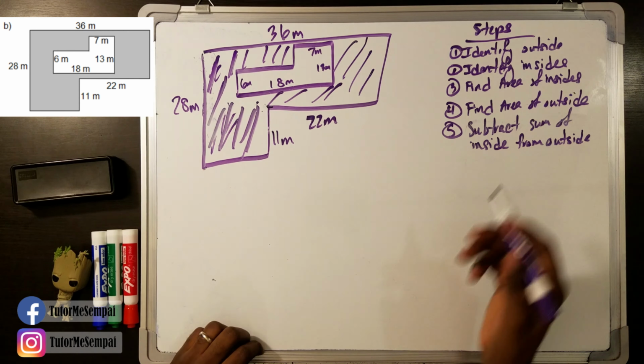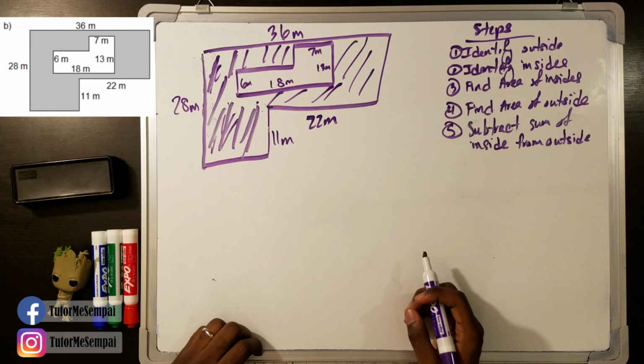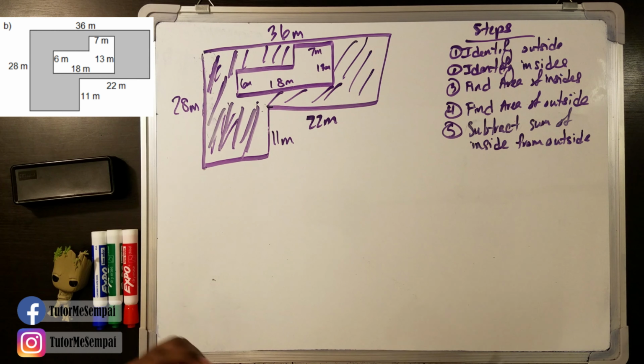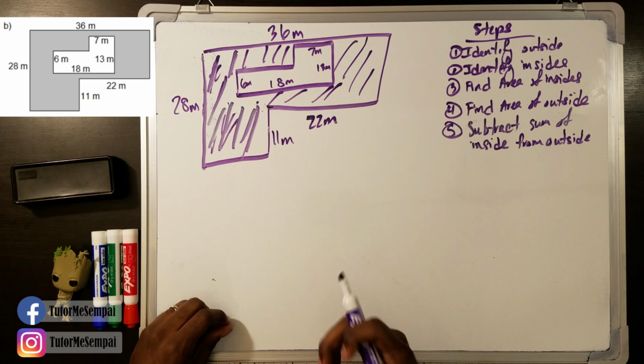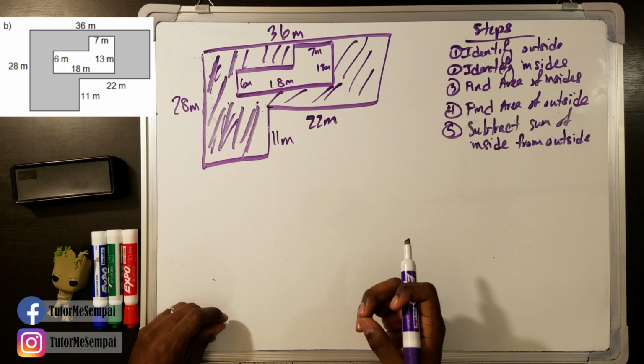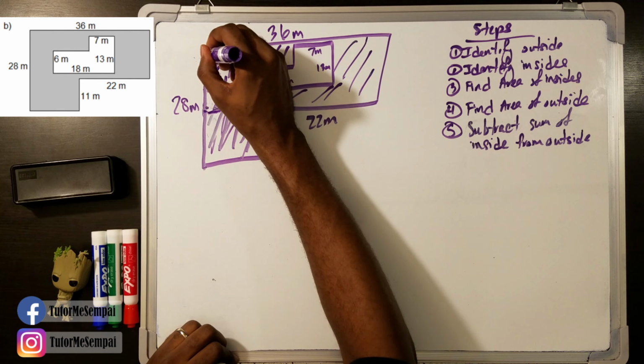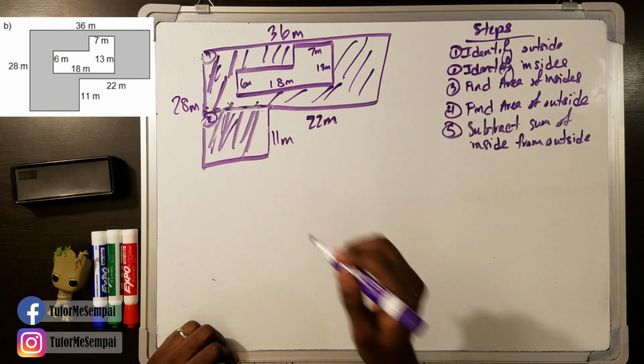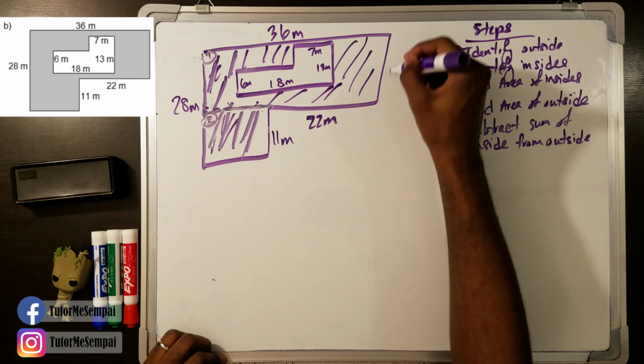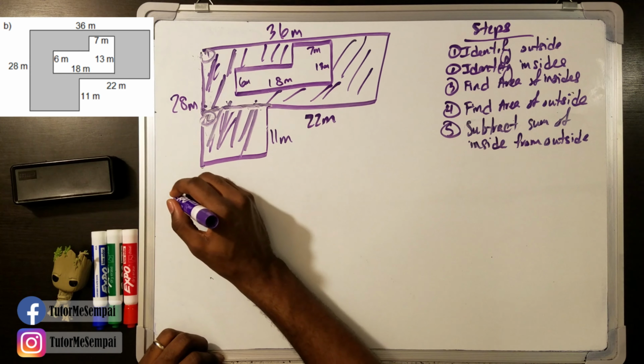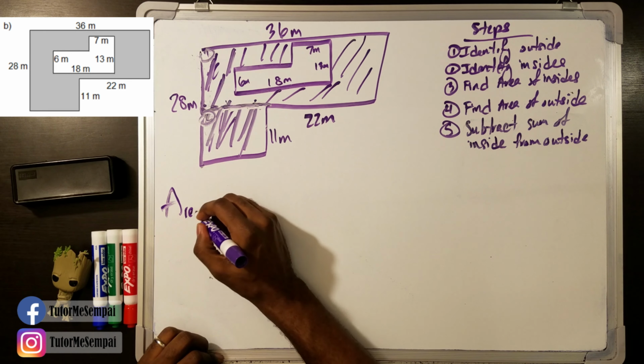So our first step says identify our outside shape. Now I don't really know what this is by looking at it, but we can identify this by determining what areas we're going to need. I break this up into some mini shapes. So this would be 1 and this would be 2. This right here looks to be some sort of rectangle. So that's going to be the area of a rectangle.